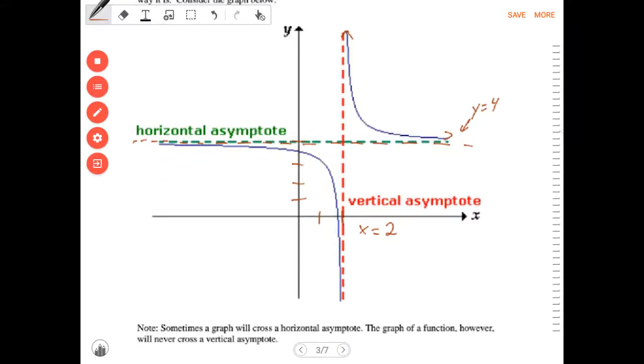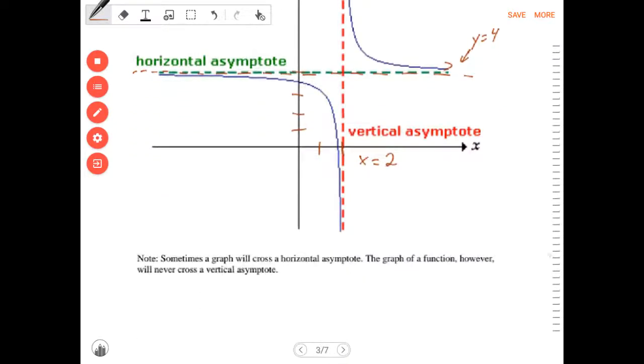Now, there's one other thing. Sometimes, especially in higher level courses, the graph will cross a horizontal asymptote. So you could get kind of a weird picture like this.